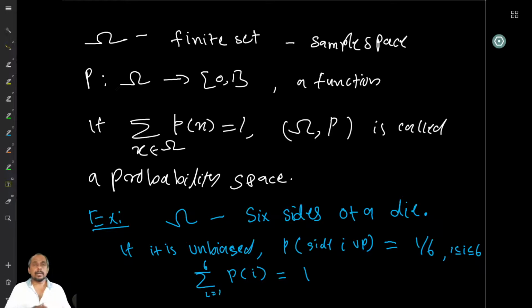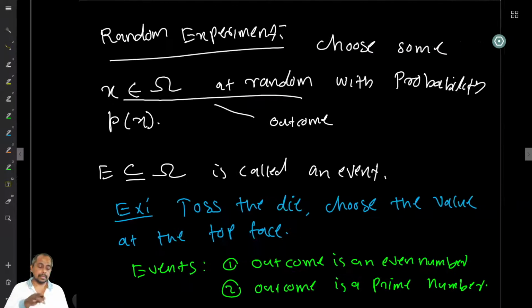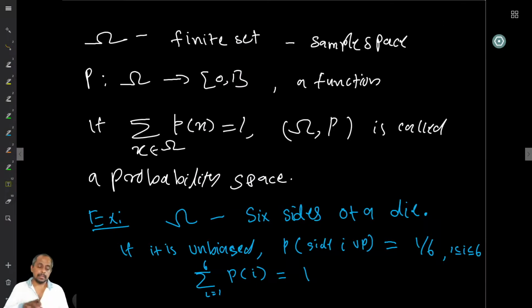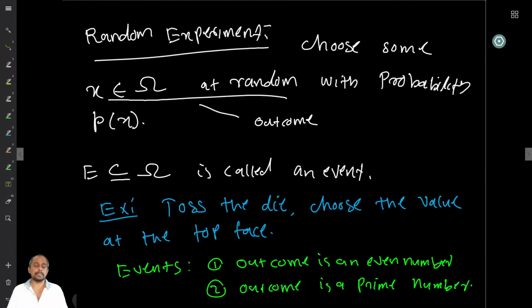If you sum over all the sides, for i equal to 1 to 6, the probability of i, that is equal to 1, because each side has 1 by 6 and there are 6 sides. So here is a probability distribution over the sides of a 6-sided die. This is an example of a probability space.